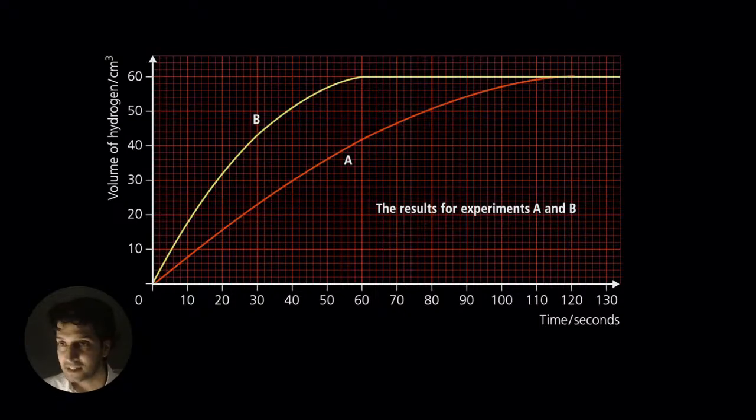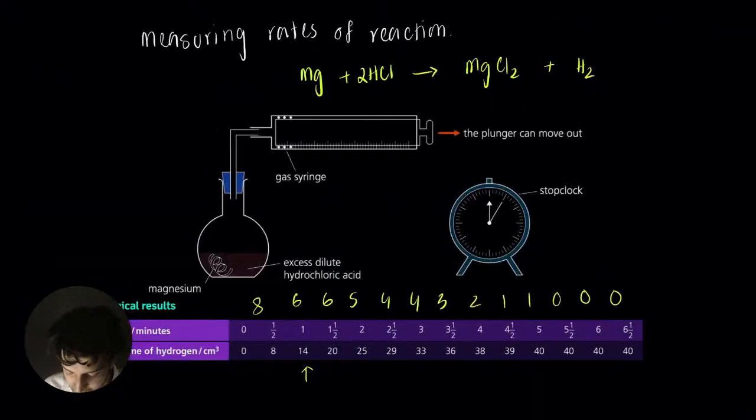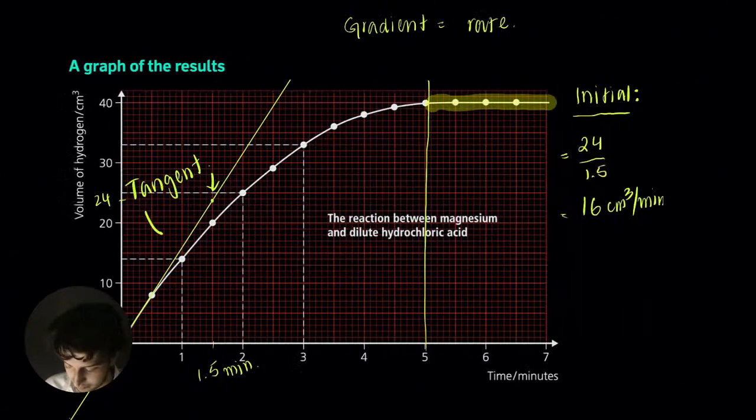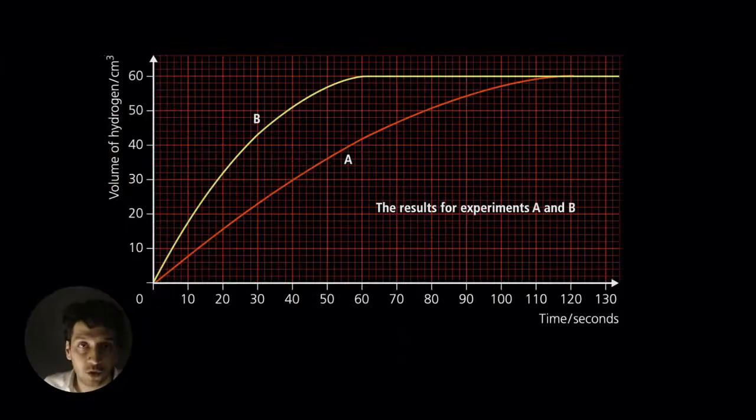Let's say it's the graph for the same experiment which we just did, magnesium reacting with hydrochloric acid, right? So this experiment was repeated twice, one with higher concentration of hydrochloric acid, one with lower concentration of hydrochloric acid. Which graph represents the concentration of HCl being higher?